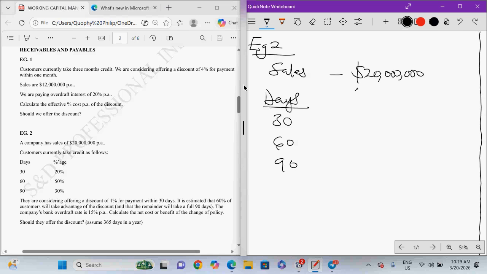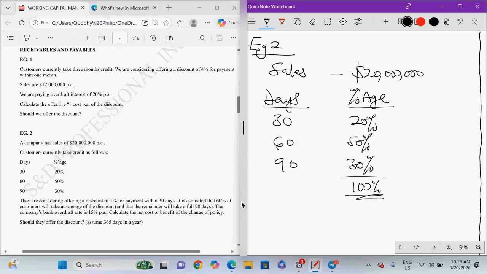Then the percentage aging of the receivables: we have 20%, 50%, and 30%. So the percentage total will be 100%.